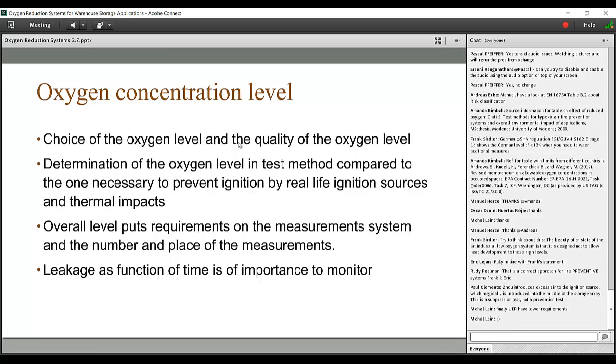So there are a few considerations on the design side. One, as has been talked about, is what is the oxygen concentration level and the ability to maintain that level over the life of the system and the life of the facility.